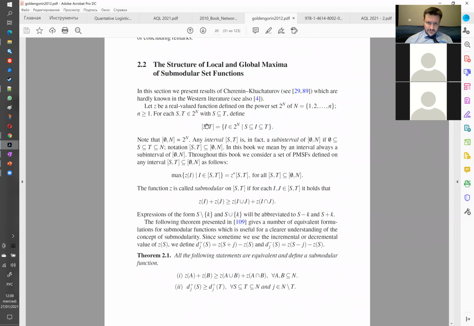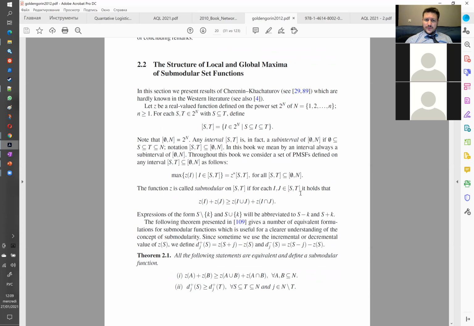Okay, so we have S, we have T there, such that S is contained in I and I is contained in T. And these brackets mean that we use all such sets that are in between S and T.